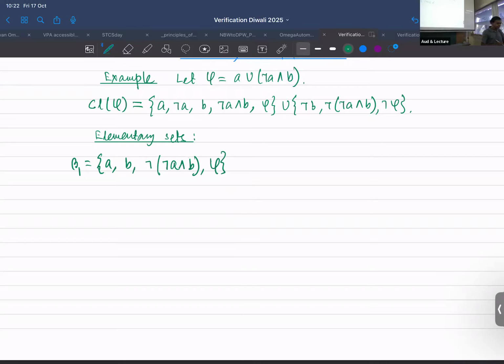So this is clearly maximal. It is consistent with respect to propositional logic. It's also locally consistent with respect to the until operator. So what about this?